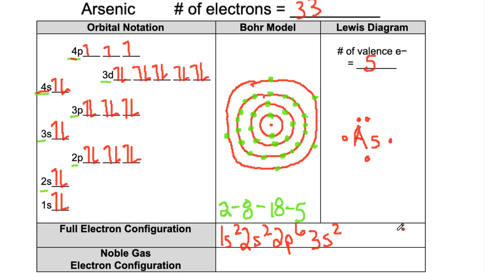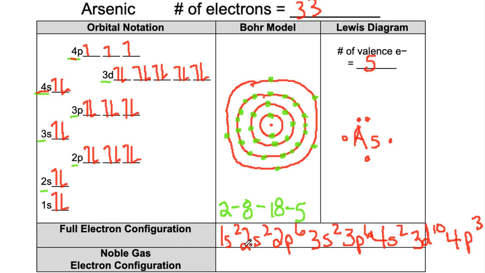We have electrons in the 3p, and there's 6 of them. Electrons in 4s, and there's 2 of them. We have electrons in the 3d, and there's 10. And then we have electrons in the 4p, and there are 3 of them.